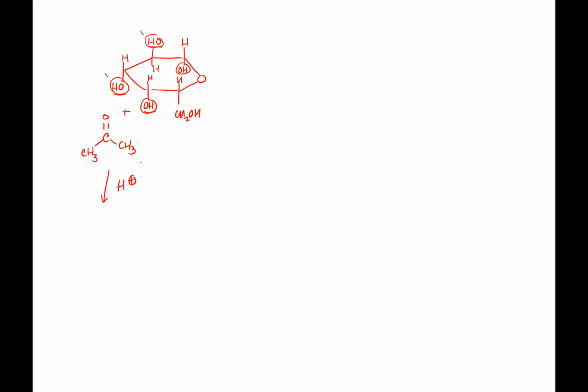Now we just looked at protection as protecting the ketone using ethylene glycol. I'm going to get the same reaction here. My only requirement is that those alcohols need to be cis, because otherwise I can't form a 5-membered ring, because 5-membered rings cannot be formed underneath and on top of the ring.